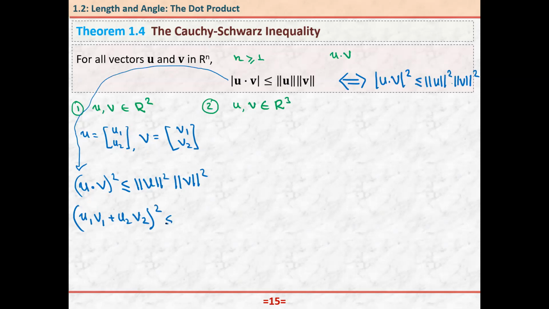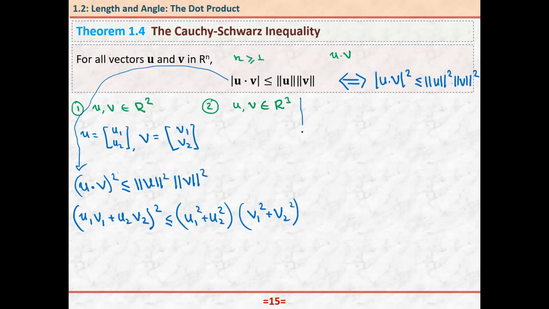I'm hoping that is less than or equal to the right side: u1 squared plus u2 squared, times v1 squared plus v2 squared.